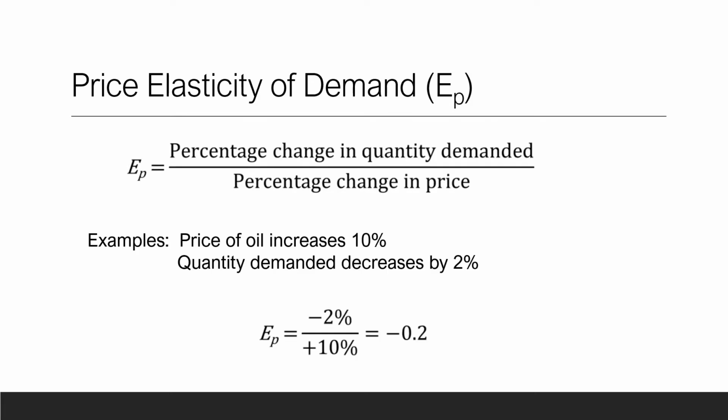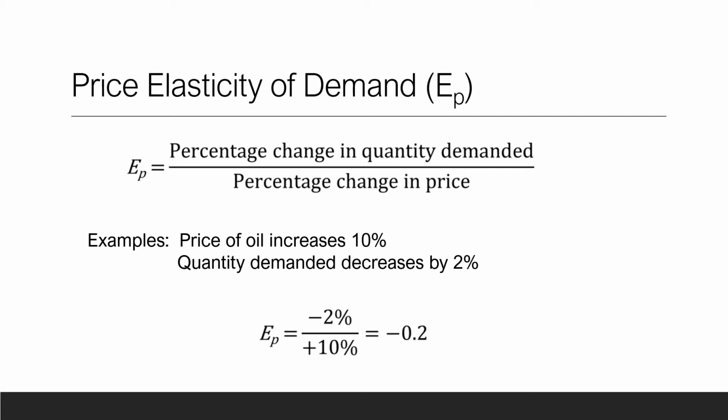For example, if the price of oil increased by 10% and the quantity demanded decreases by 2%, you would have an elasticity of demand of negative 0.2. Elasticity of demand is always going to be negative because of the law of demand. We know there's an inverse relationship between price and quantity demanded.